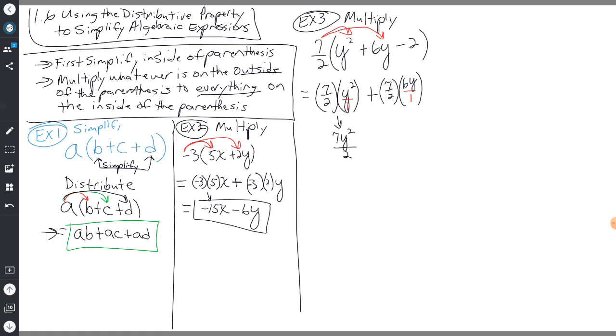And what can we do before we multiply? Yeah, because 2 can go onto itself once, and it can go onto that 3, right?